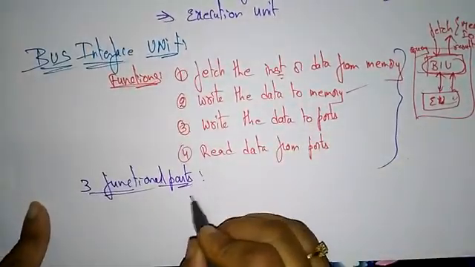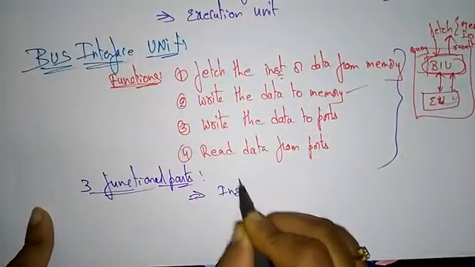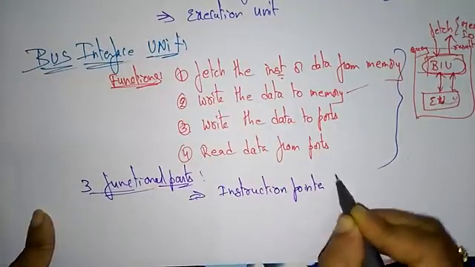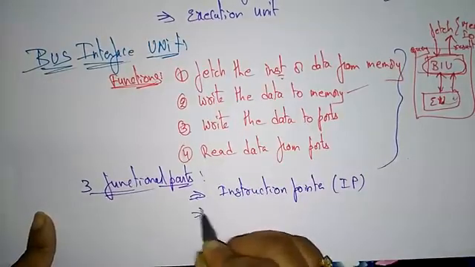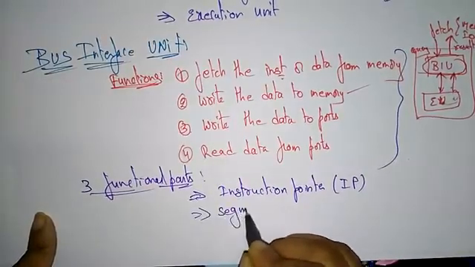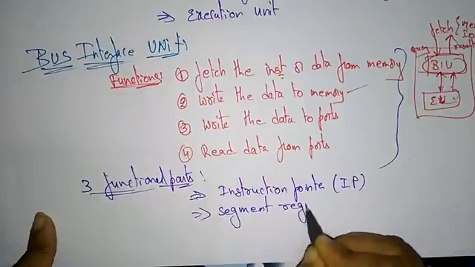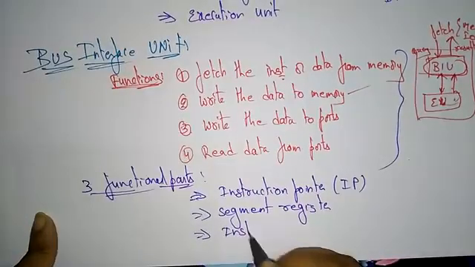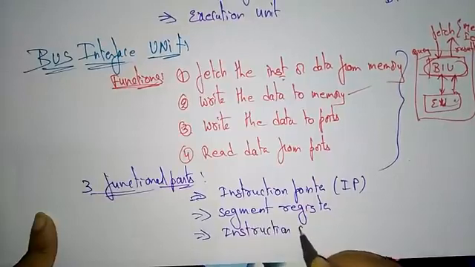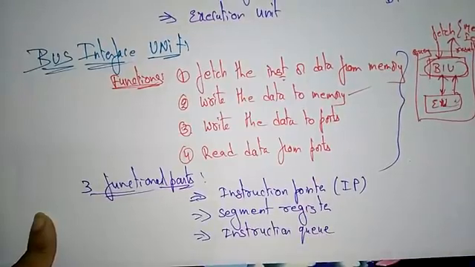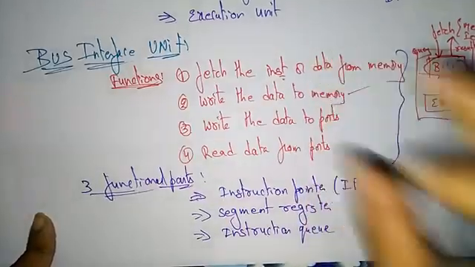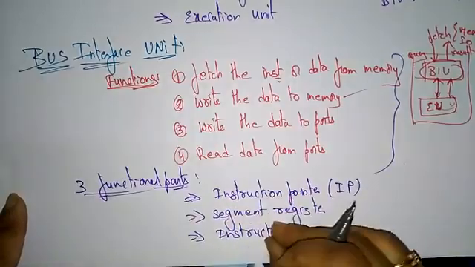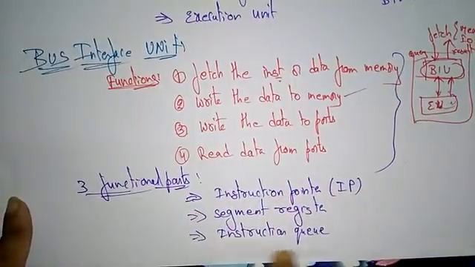Those are the instruction pointer, the segment register, and the instruction queue. So these are the three functional units which perform these operations. The operations will be divided among the three functional units: instruction pointer, segment register, instruction queue.